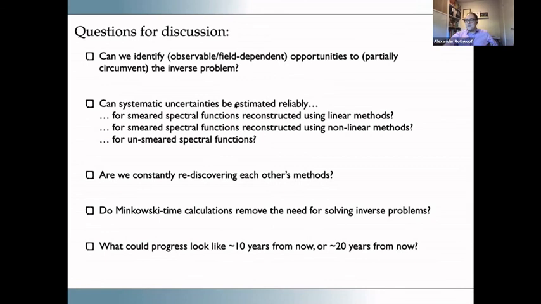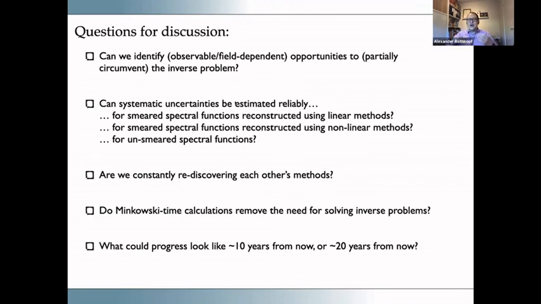And one of the things that I haven't been able to do so far, but this workshop has already given me some inputs to, is to better understand, for example, the Backus-Gilbert and the linear methods more clearly in terms of a Bayesian picture.